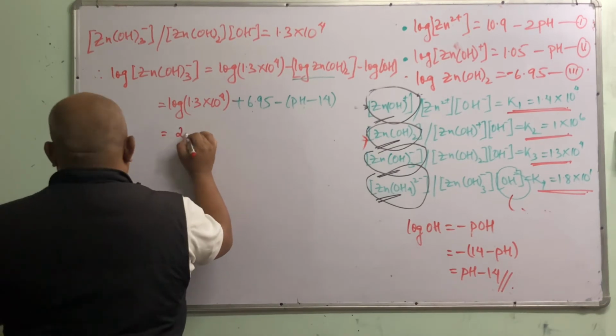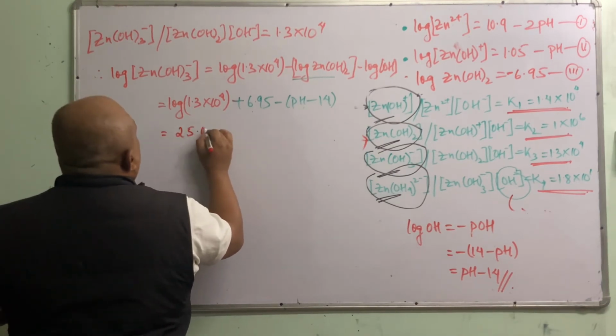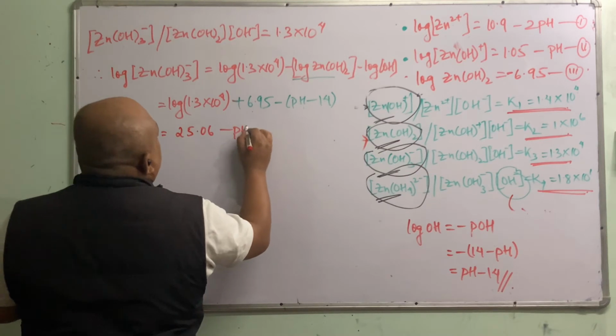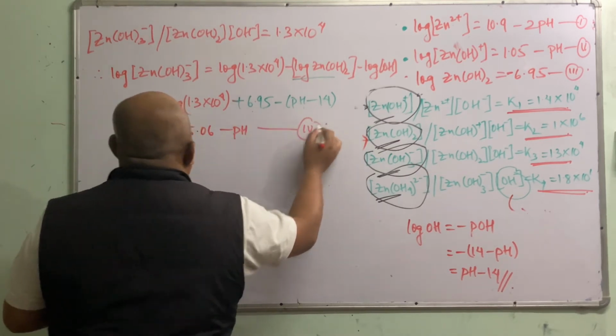So this is 25.06 minus pH, equation number 4.